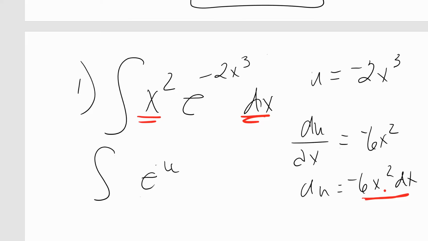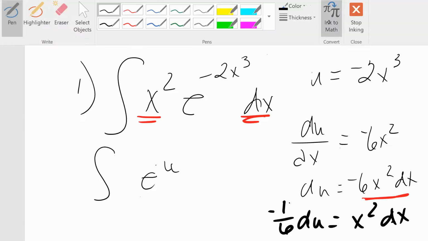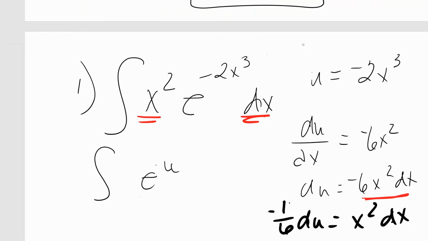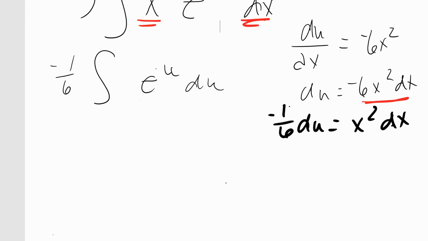I have to get rid of that negative 6. So I'm going to divide each side by negative 6. So I get negative 1/6 du equals x squared dx. So when I get rid of my x squared dx, I'm going to put in negative 1/6 du. So now I can take the integral quickly.